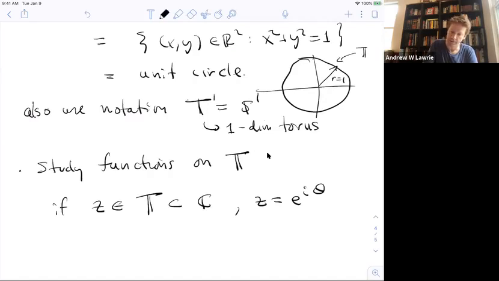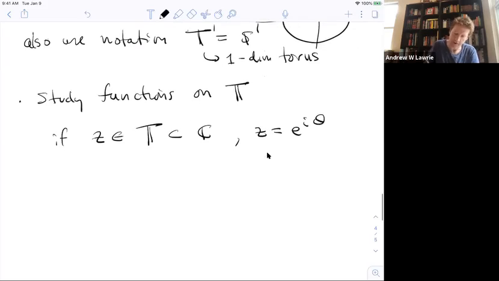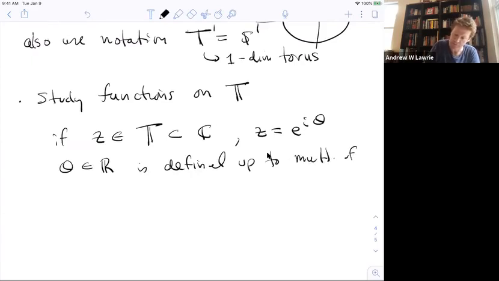This is T, where theta is a real number and is defined up to multiples of 2 pi.